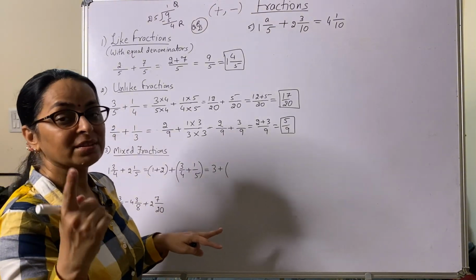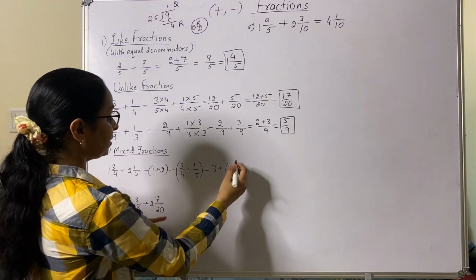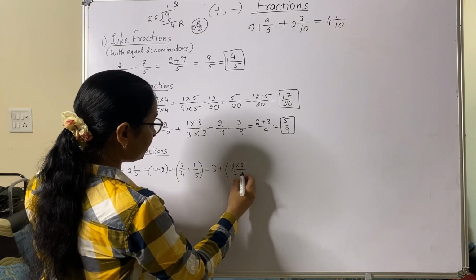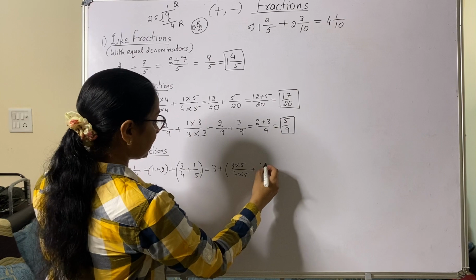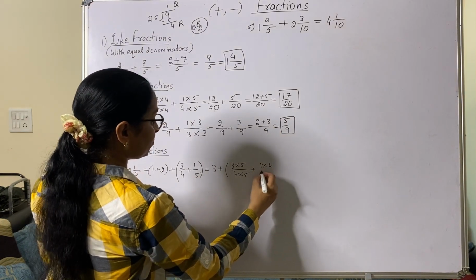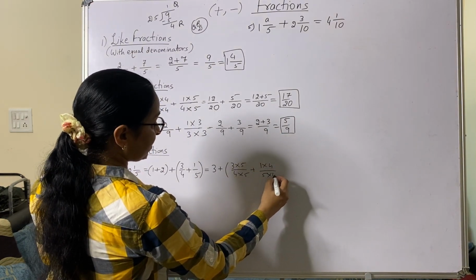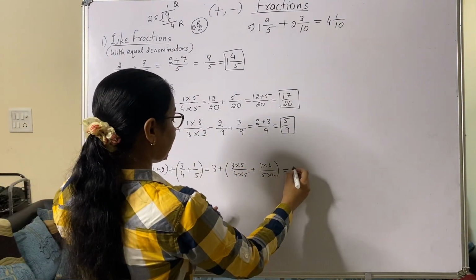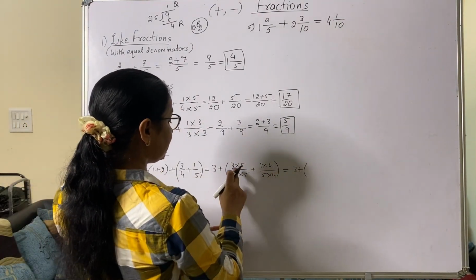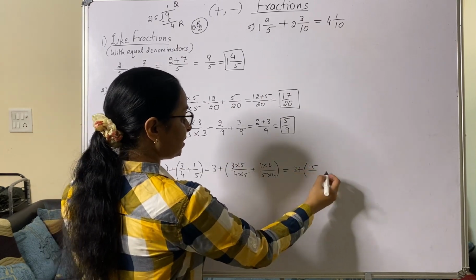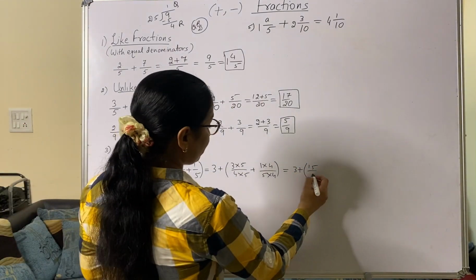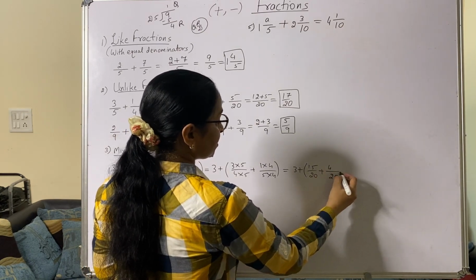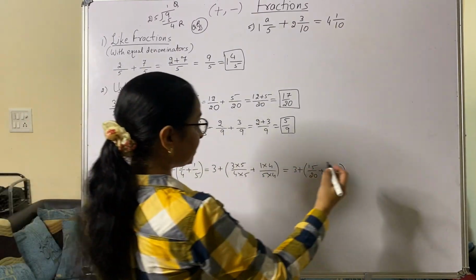Make the denominators equal. So let us do 3 multiplied by 5 over 4 multiplied by 5, plus 1 multiplied by 4 over 5 multiplied by 4. So our answer would be what? 3 plus, now 3 5s are 15, 4 5s are 20, plus 4 1s are 4, 5 4s are 20.